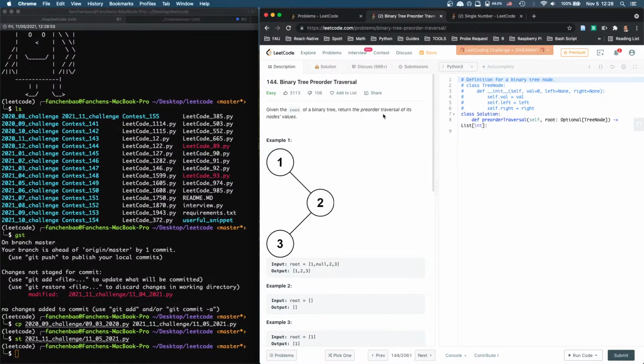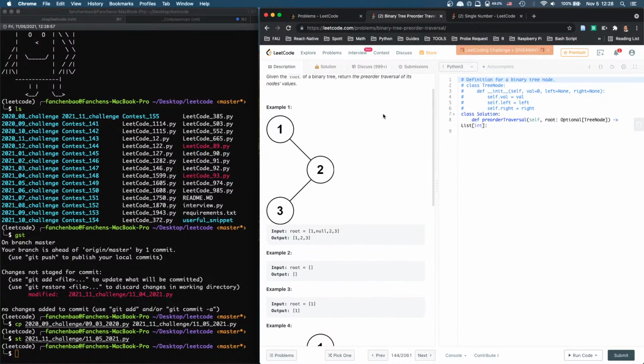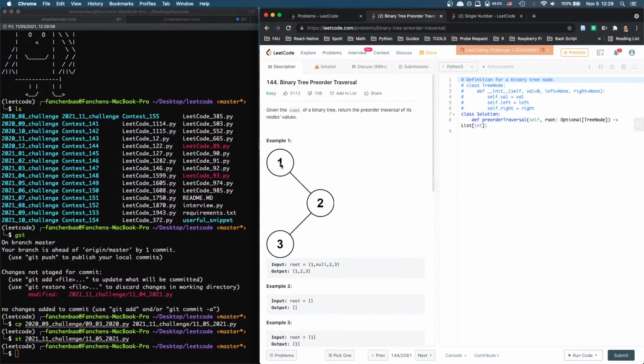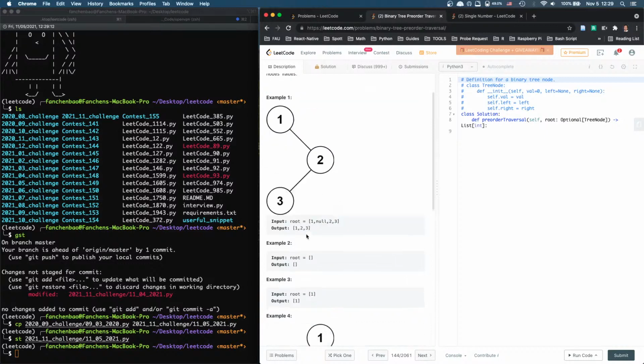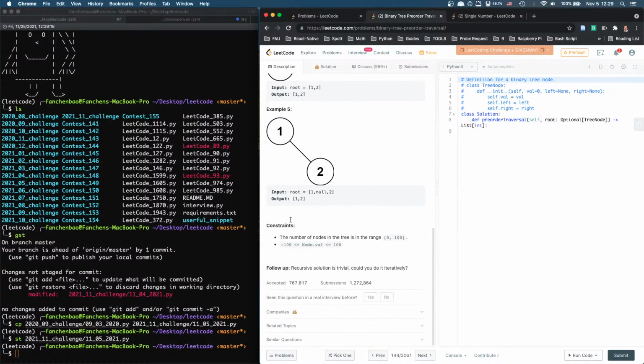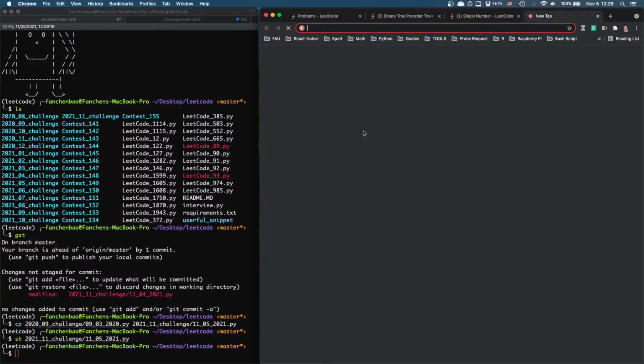Pre-order traversal. Wait, what's pre-order? I forgot. Is that node left right? This is a stupid question, but what is pre-order?